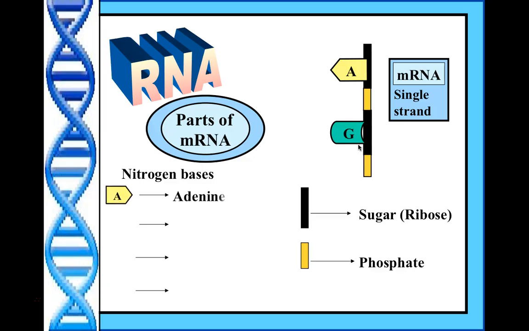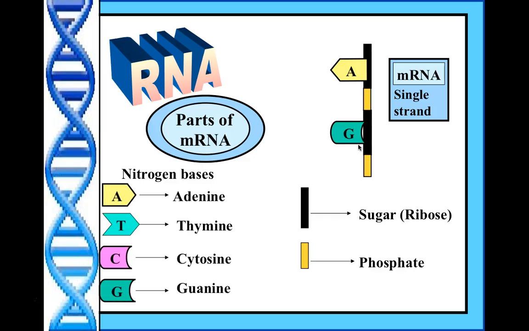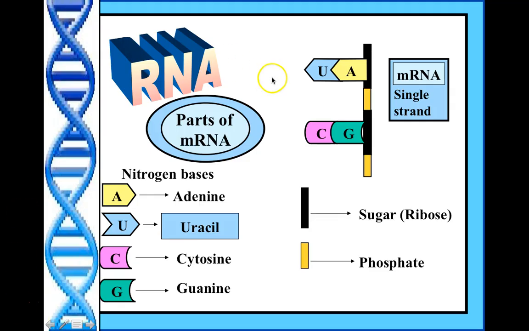And if we look at our nitrogenous bases, this is the set of bases that we have for DNA. Remember, we had adenine bonding with thymine, and cytosine bonding with guanine. For RNA, we switch out the T and we make it uracil. So if we look here at the top, we have adenine bonding with uracil and guanine bonding with cytosine still.